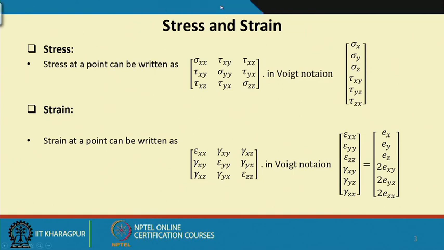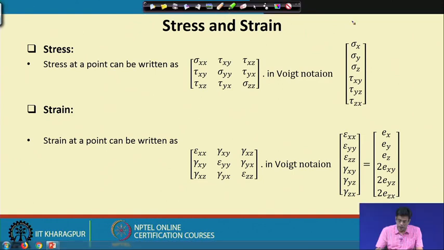Now, to start with, in the previous module you have learned these quantities, for instance stress, strain, and specifically the Cauchy stress and traction and strain displacement relation. Probably you have also learned that stress is a tensorial representation.